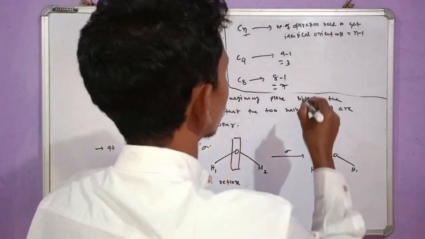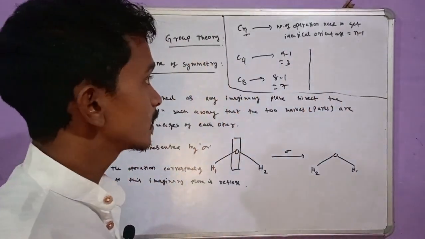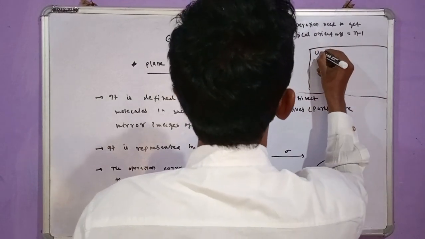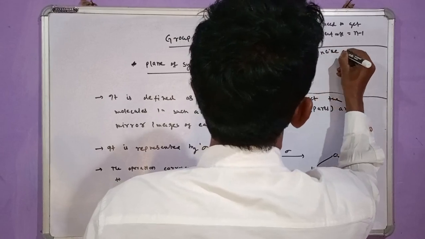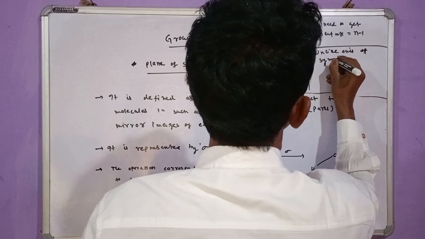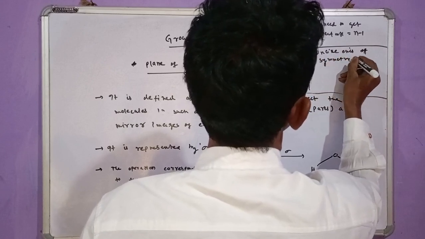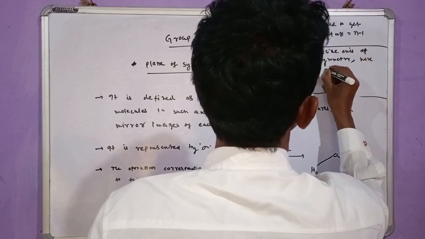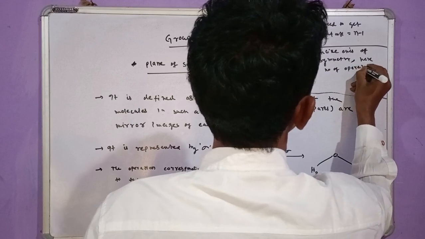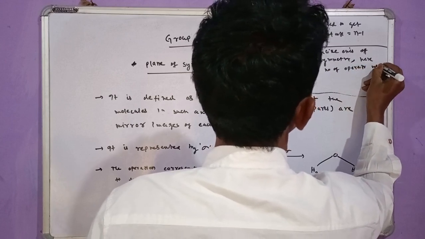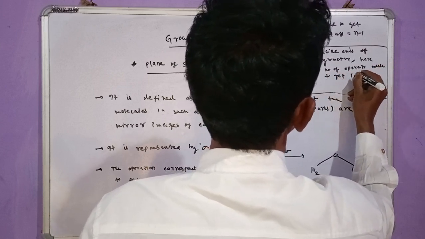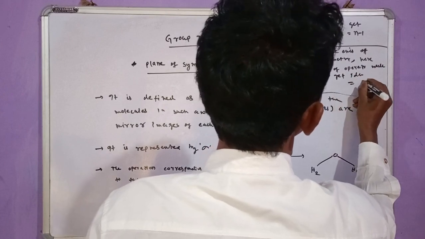Same case for the plane of symmetry, but unlike the axis of symmetry, here the number of operations needed to get identical orientations is always 1.